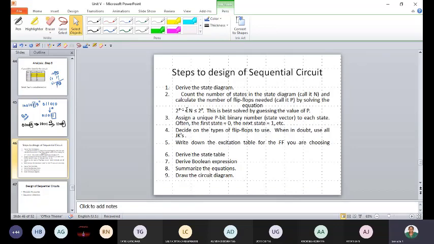If in the problem statement no flip-flop name is given, simply choose JK flip-flop, write down the excitation table of JK flip-flop and start designing the circuit using the JK flip-flop. Calculate how many flip-flops are required. After that write down the state table, and from the state table write down the Boolean expression, and from the Boolean expression we know how to implement a circuit.